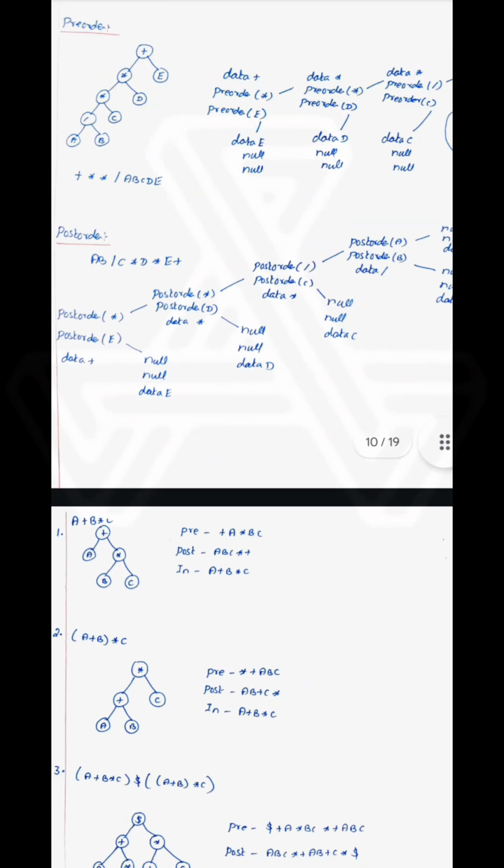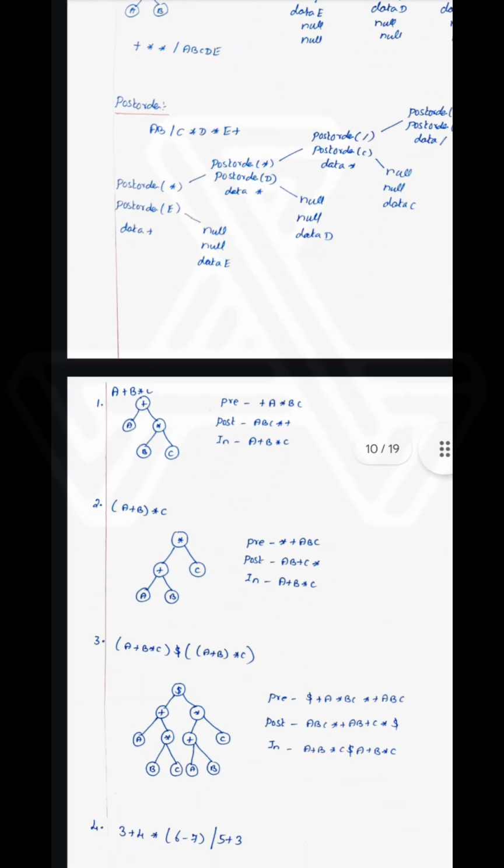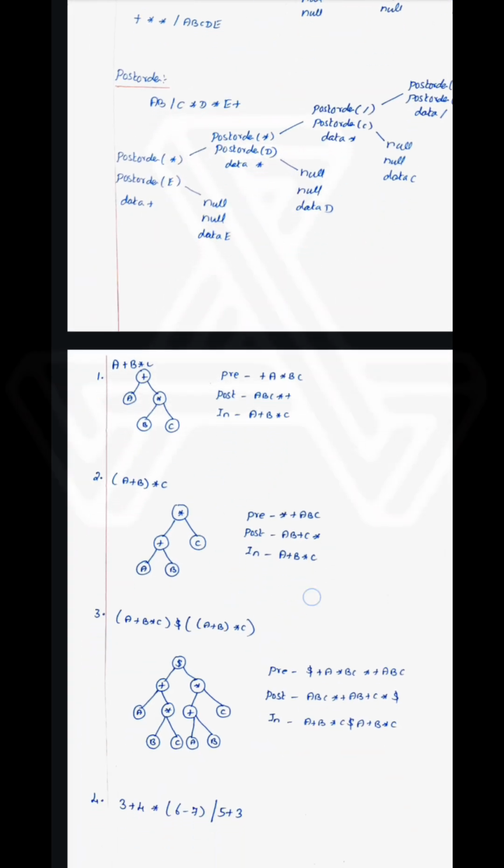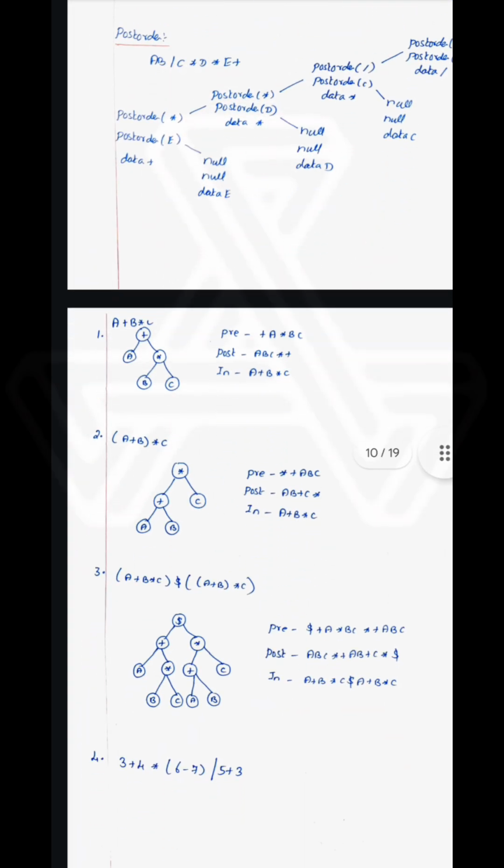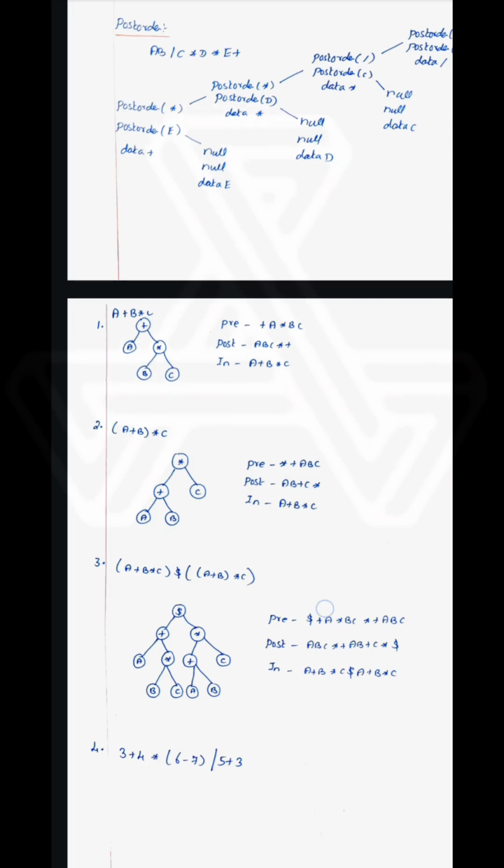Here it is illustrated. A plus B into C is written as a tree like this. The preorder traversal for this will be plus A star B C. Postorder will be A B C star plus.